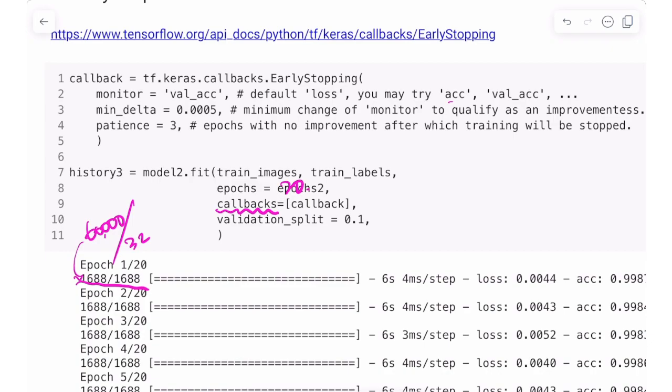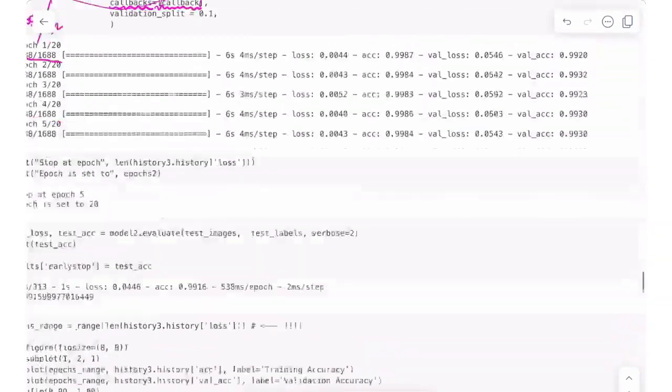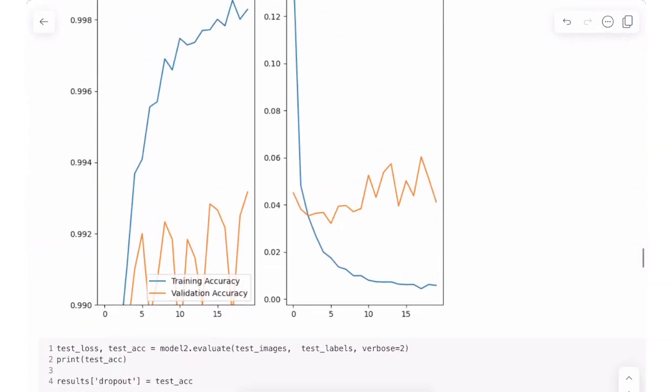After each epoch, the callbacks, which are a list, define what additional process we should do. So we should do early stopping. Let's take a look.